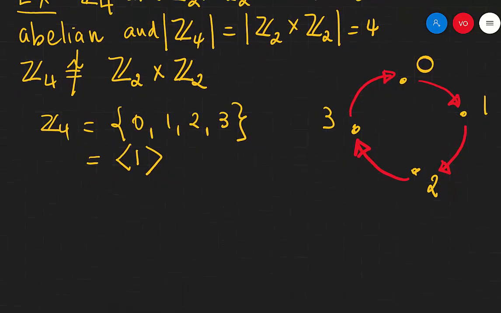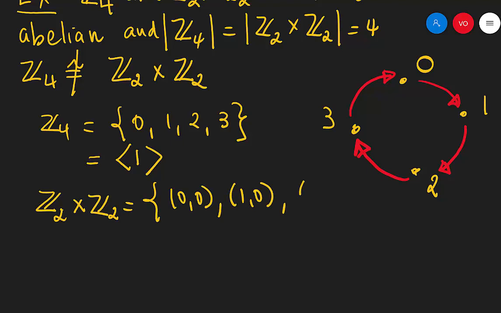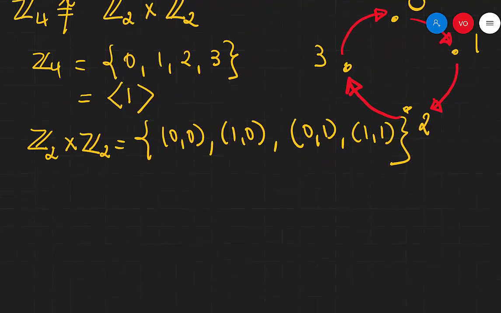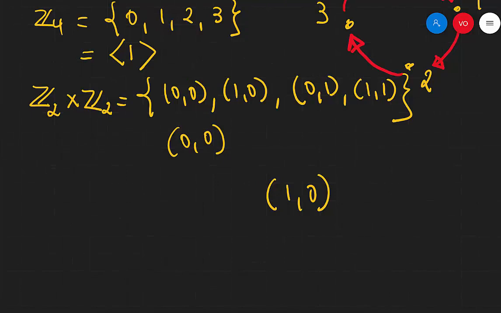Now let's consider Z2 cross Z2. We'll have here 0,0, 1,0, 0,1, and 1,1. Let's look at the Cayley diagram, so we have 0,0 here, 1,0, 0,1, and 1,1.